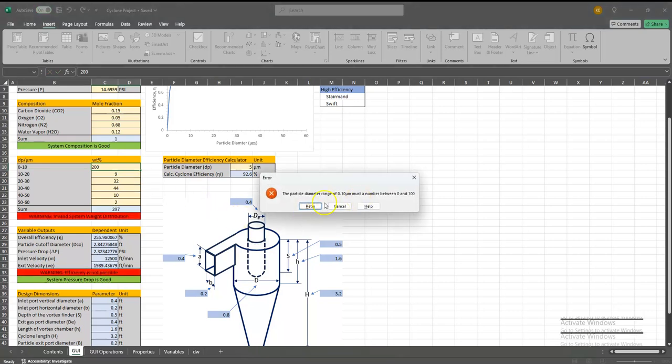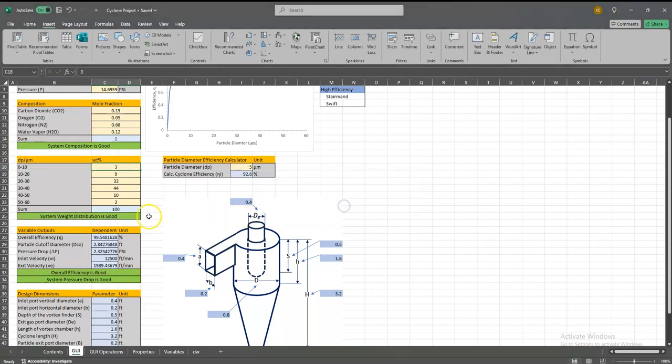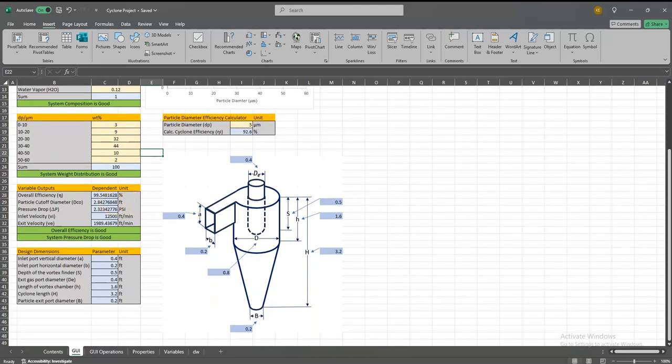So you see here again, retry to put in a different value, cancel to restore the original. And if the sum of all the different weight percents is over 102, it will say invalid system weight distribution. Again, double check all of your values and possibly round a little bit differently.